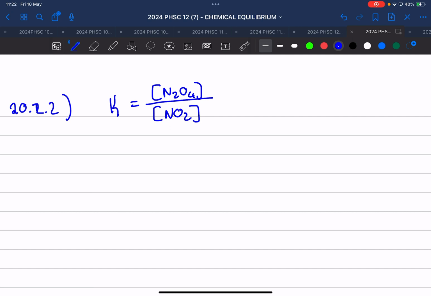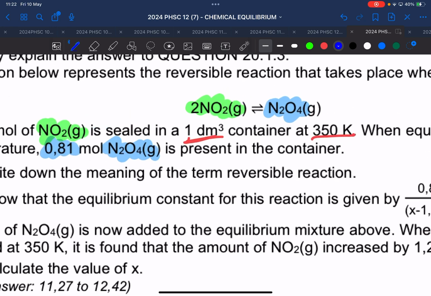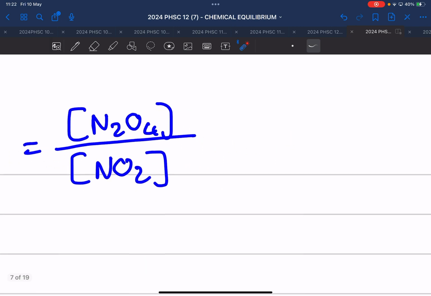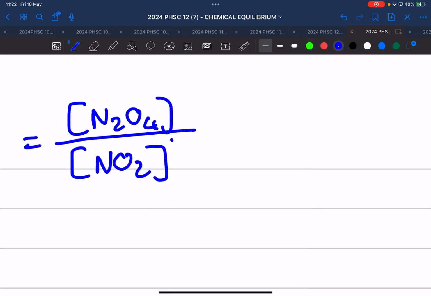Yes. Okay. So in our balanced equation, we have a 2 in front of our reactant. So we need to put the concentration to the power of 2. Yes, but I was trying to get one of you to answer instead of all of you.